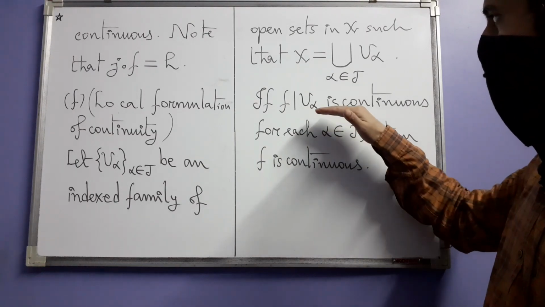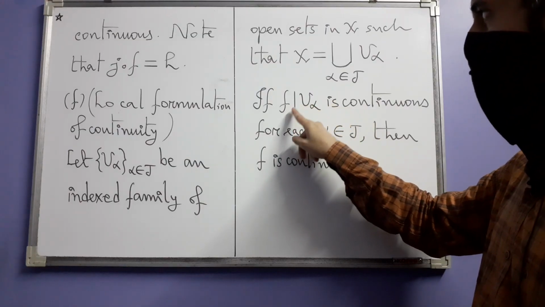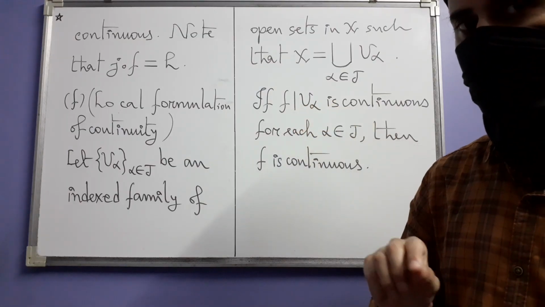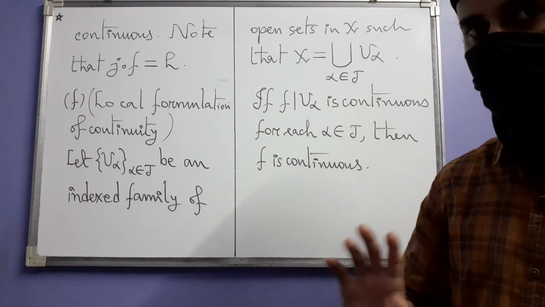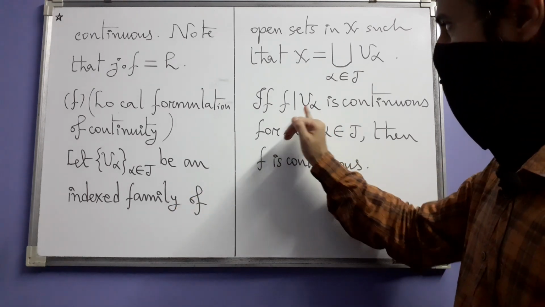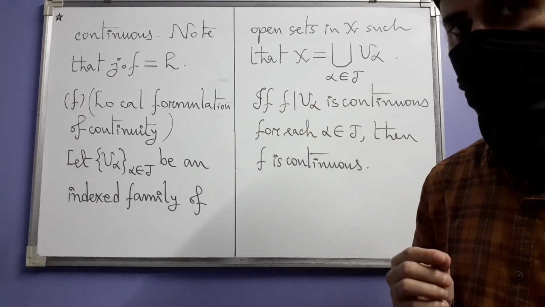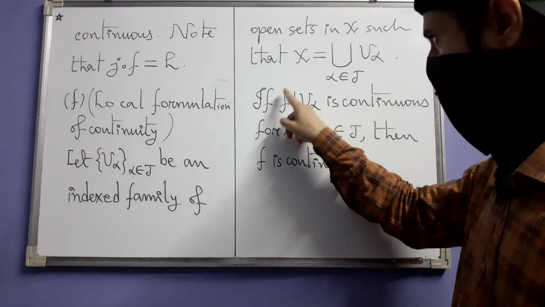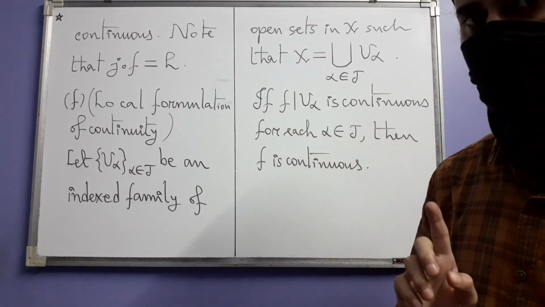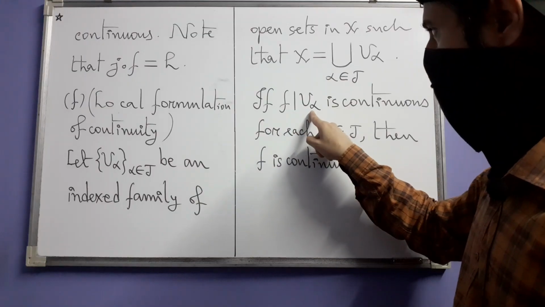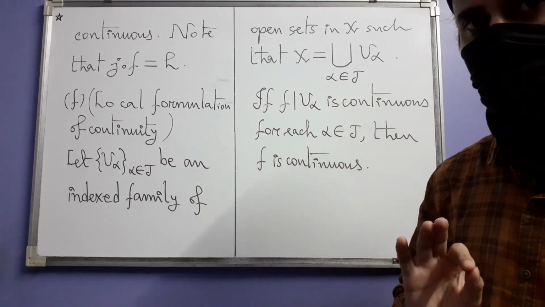And additionally, it's given that if you restrict f to each U alpha, then these restrictions become functions. All of them have Y as their range, but any given one depends on alpha. For example, this one has U alpha as its domain.